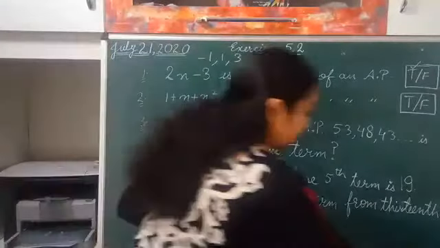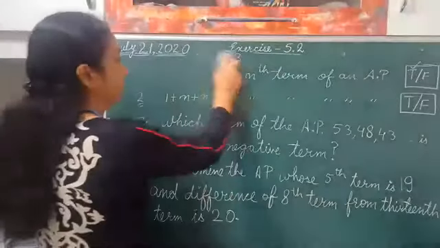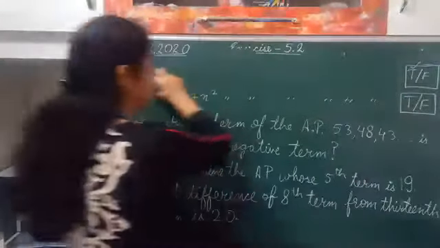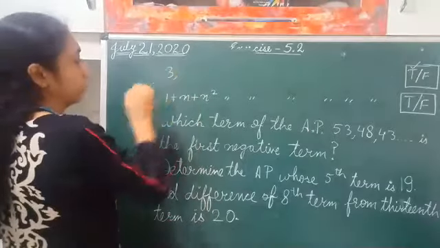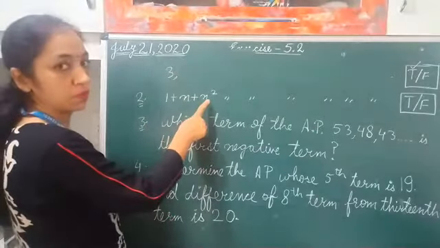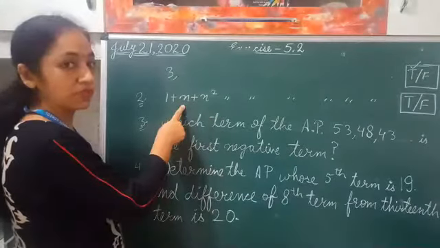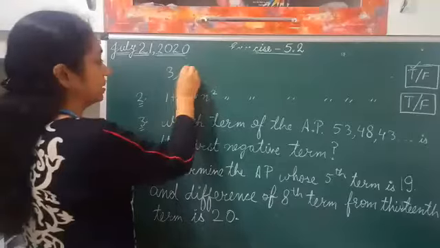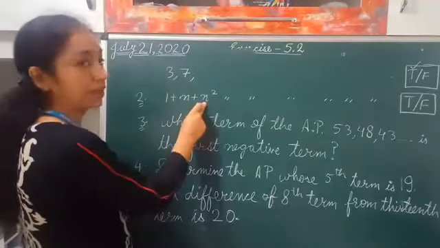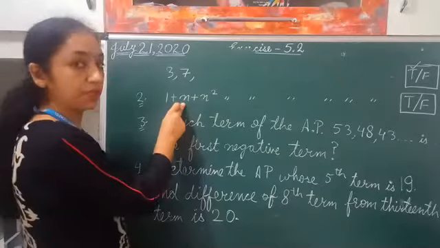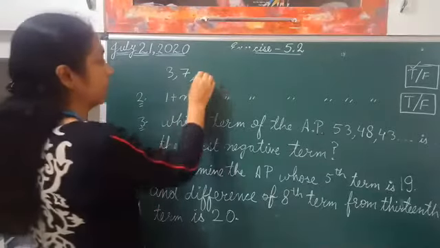Again you may check by putting the values of n. If I take n is equal to 1, you will get 1 plus 1 plus 1, that is 3. If you take n is equal to 2, 2 square 4, 4 plus 2 is 6, 6 plus 1 is 7. And if you take 3, 3 square 9, 9 plus 3, 12, 12 plus 1, 13.